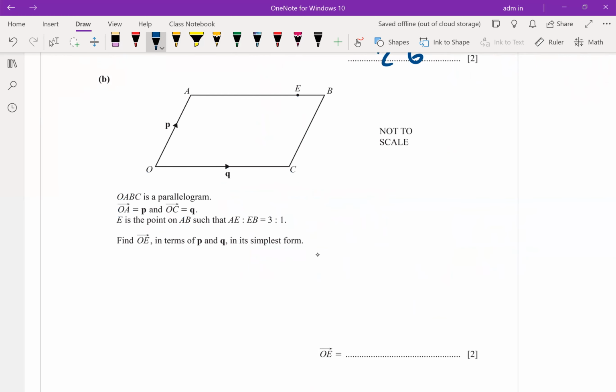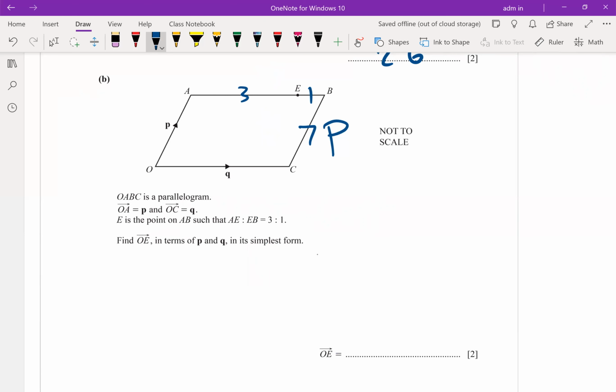OABC is a parallelogram. OA is P, so this side will also be P. OC is Q, so this will be Q. E is a point on AB such that AE is 3 and EB is 1.